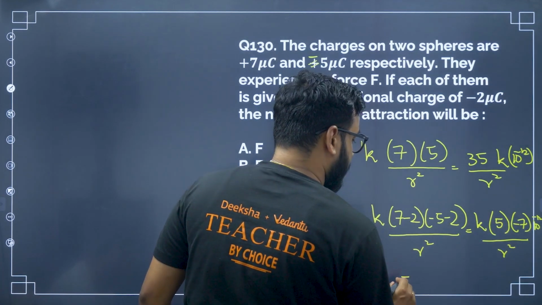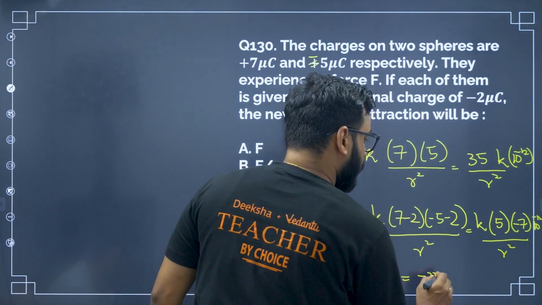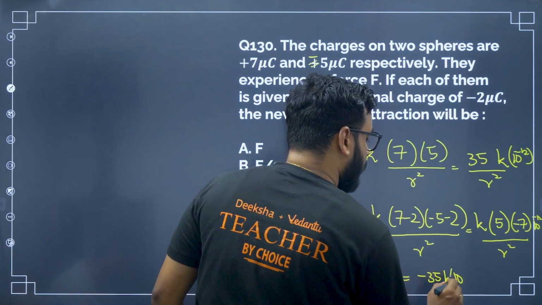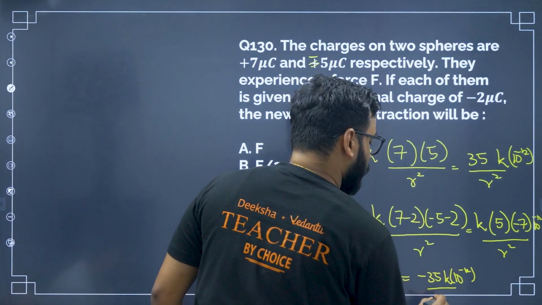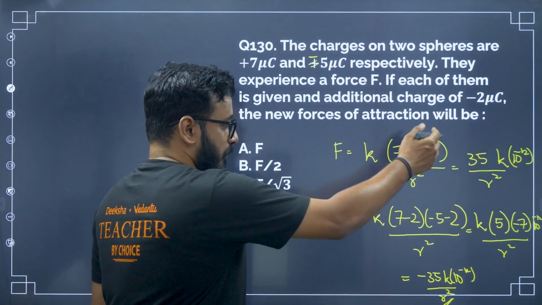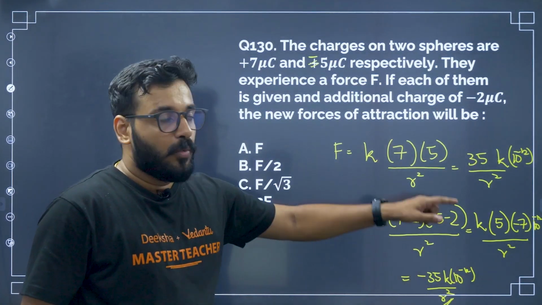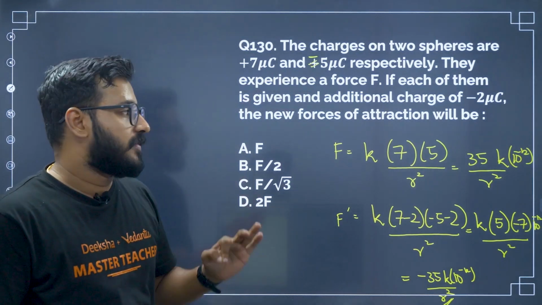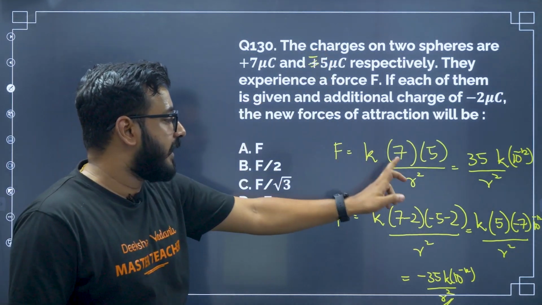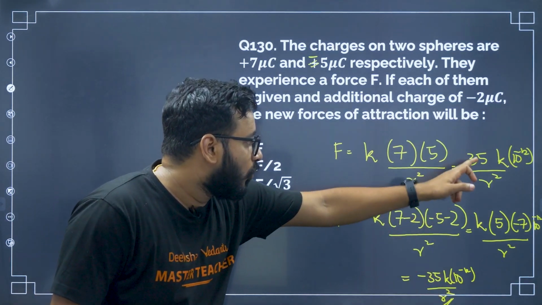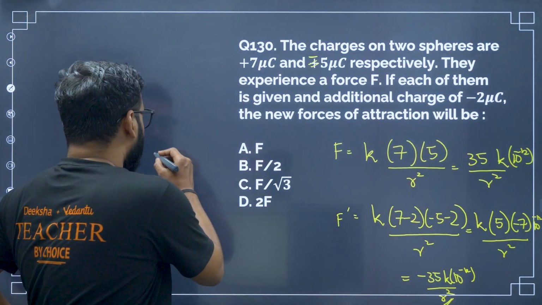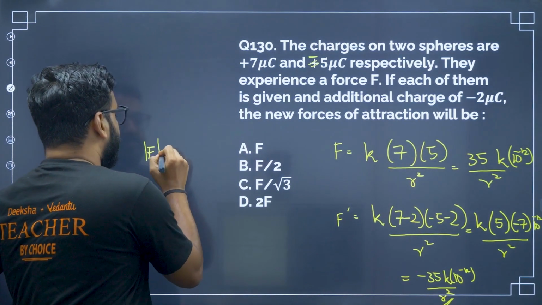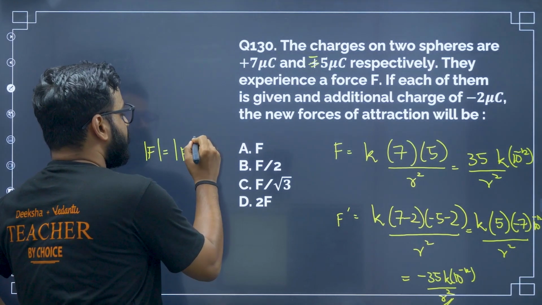So this is once again minus 35 K 10 to the power minus 12 divided by r square. So magnitude wise they both are the same, once you consider this as -5, not +5. In that case, both the forces are equal. So magnitude of F is equal to magnitude of F dash.